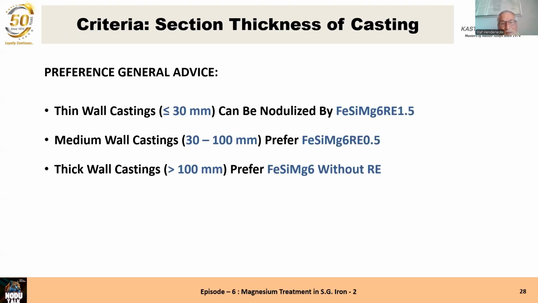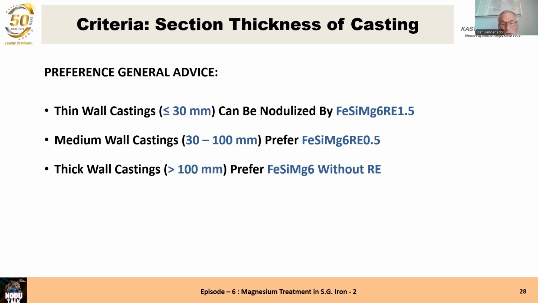So the section thickness, it's mainly that the thicker the casting is, the more important the rare earths and the nodule degenerating elements are. So therefore, if you must give a general advice, then you can say for thin castings, less than 30 millimeters, take the magnesium 6 and rare earths 1.5.